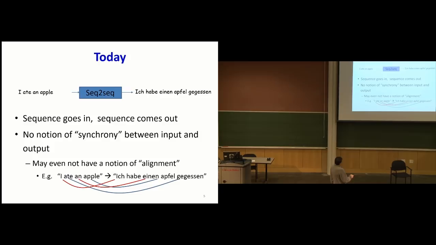So this word ate actually relates to two symbols in the output, and they are very far apart. An relates to einen, apple relates to Apfel. So you see how things are getting jumbled, right? Now, how exactly do you deal with this kind of a problem? Using recurrent networks.